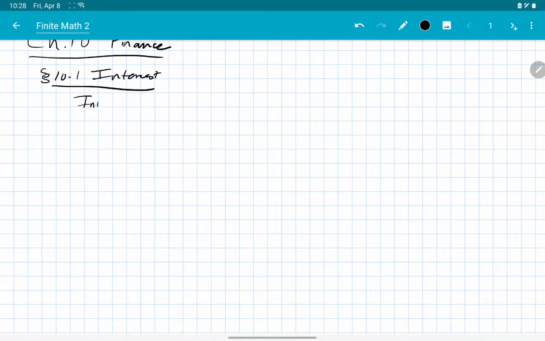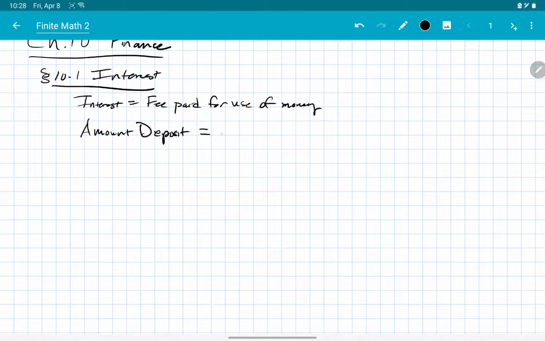So interest is a fee paid for use of money. And then there's a few other technical terms. The amount that you deposit is called the principal. And sometimes it's also called the present value.